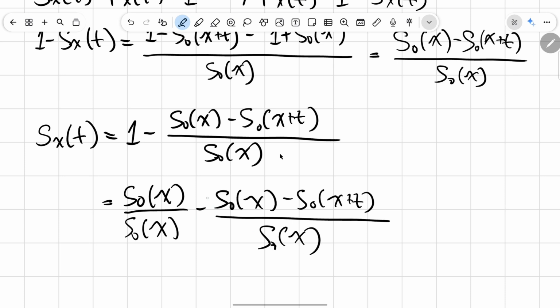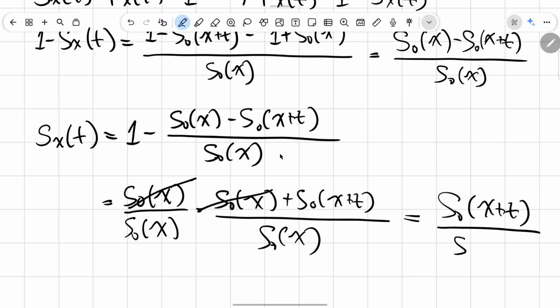So this will become negative S0 of x, then this will become plus. So S0 of x minus S0 of x will cancel out, and what will remain is S0 of x plus t all over S0 of x.